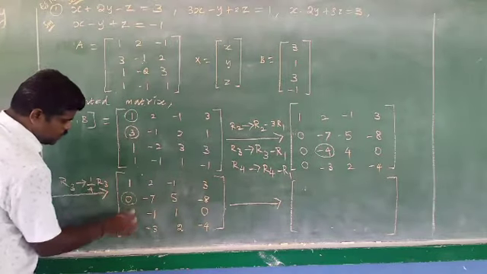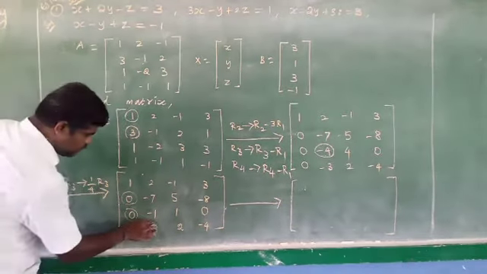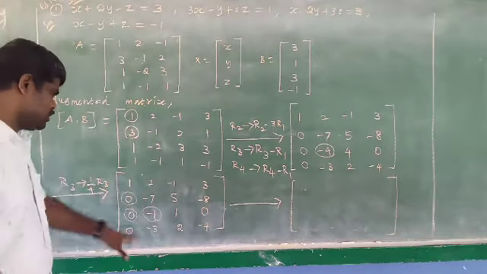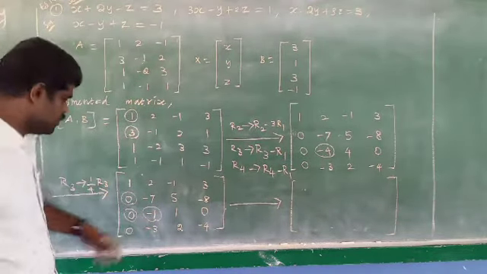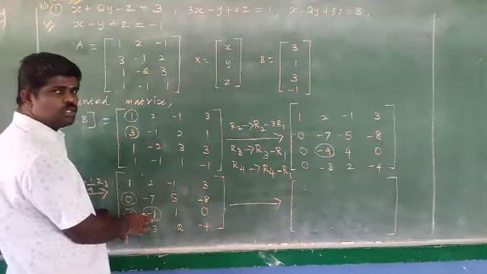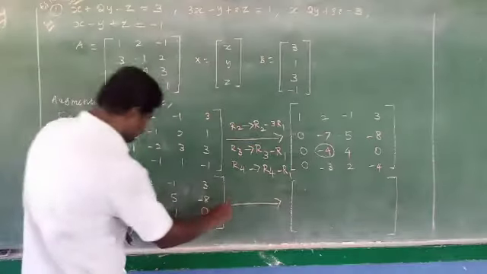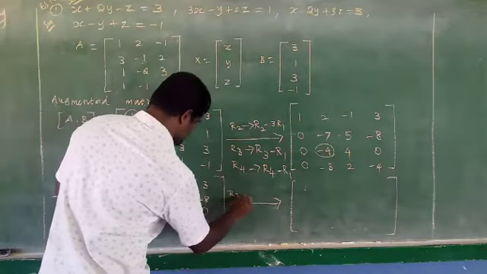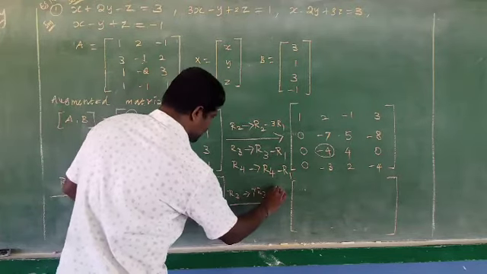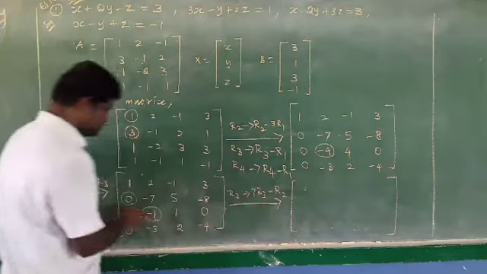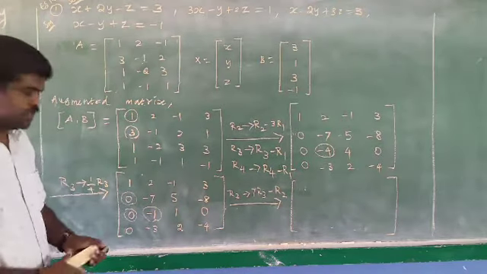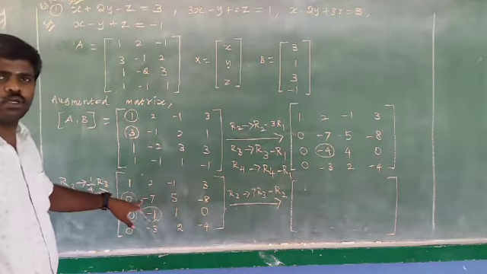Okay, this one is 0 and this one is 0. We want to change this one also to 0. So we want to change this value to 0 by the rule R3 tends to 7R3 minus R2.